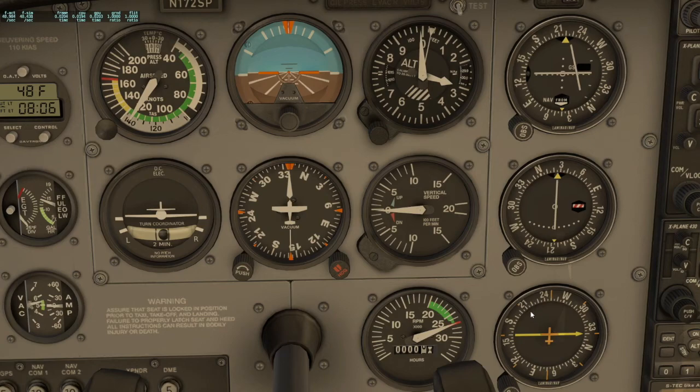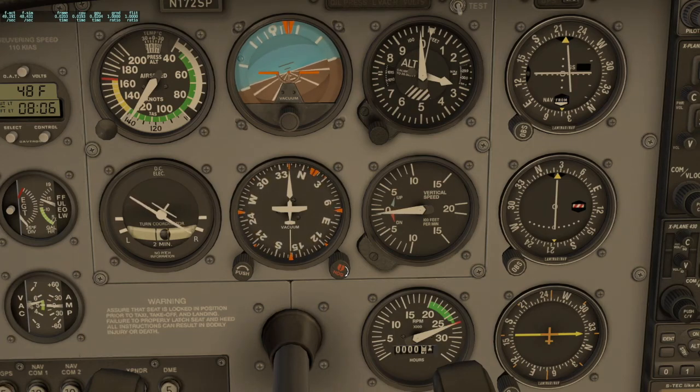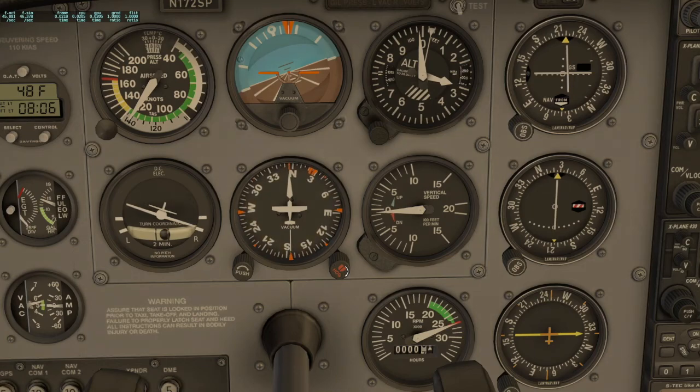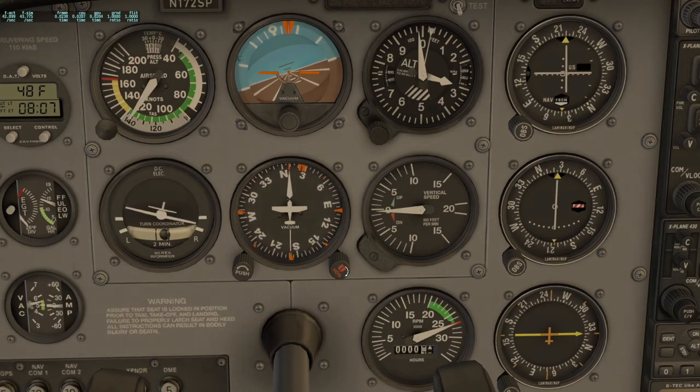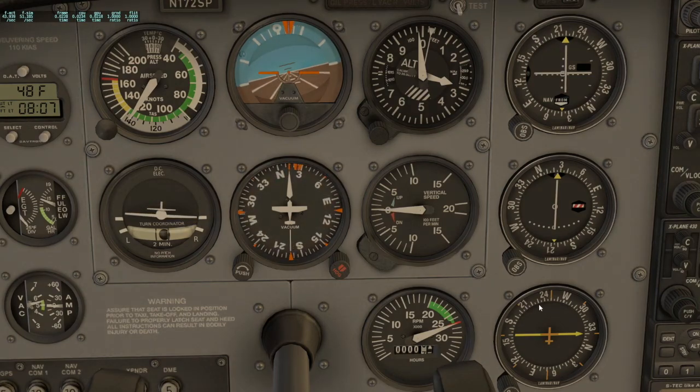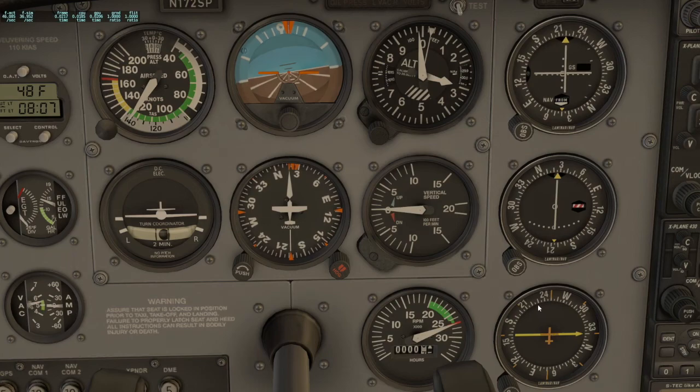So I'm here now. I'm almost coming to this radial. I'm going to now turn to come this way and intercept and go inbound. Okay, so now I'm coming at my radial with this angle, so I'm going to go ahead and select it.